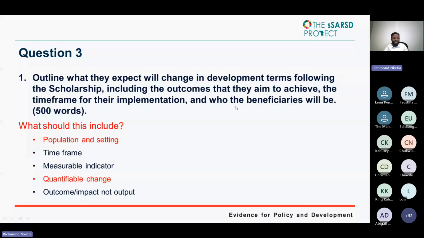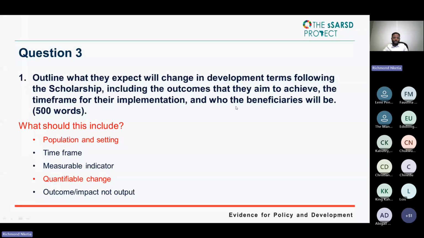Some indicators should have changed compared to how they were when you started. So prevalence of hunger may have changed over the course of time as you implement your initiatives. Food insecurity prevalence might have also changed. So that is what the question is asking you to provide.